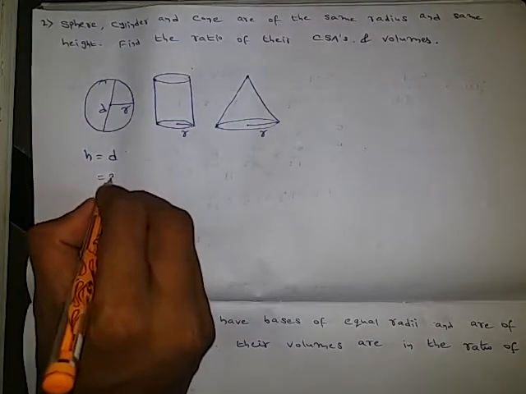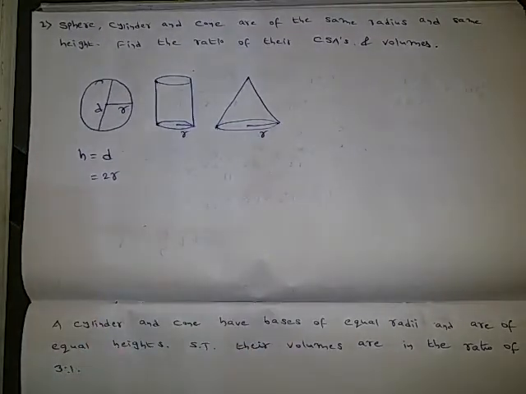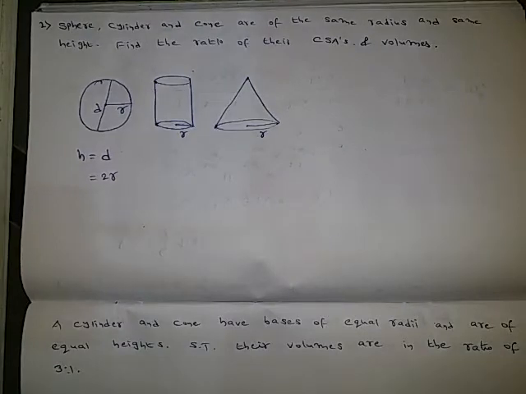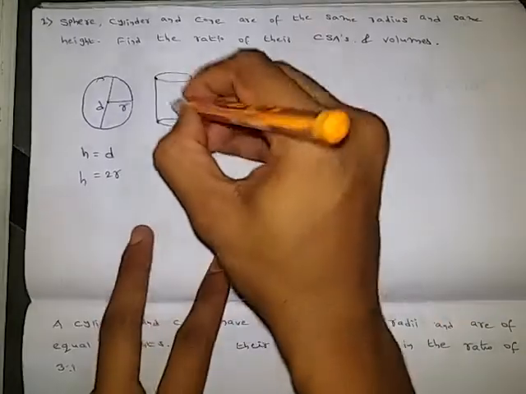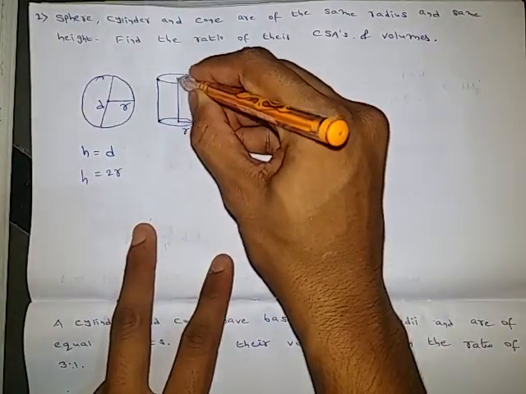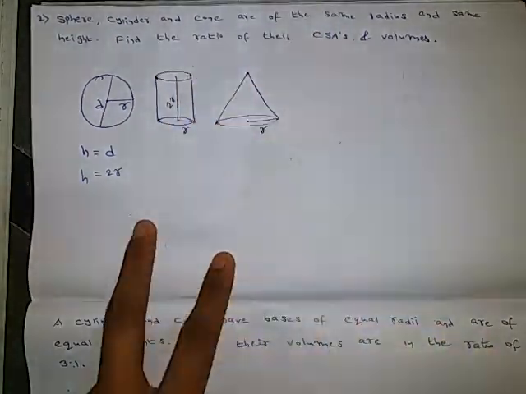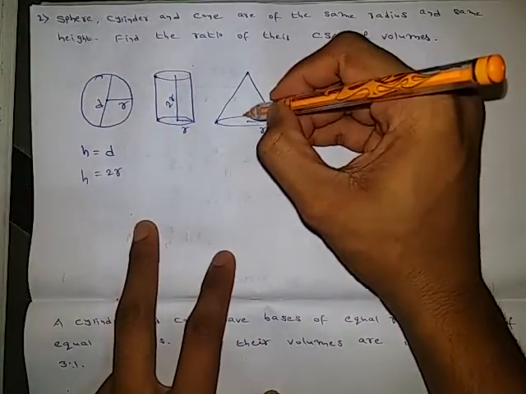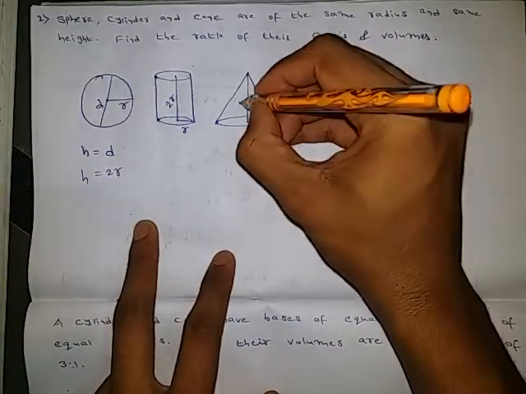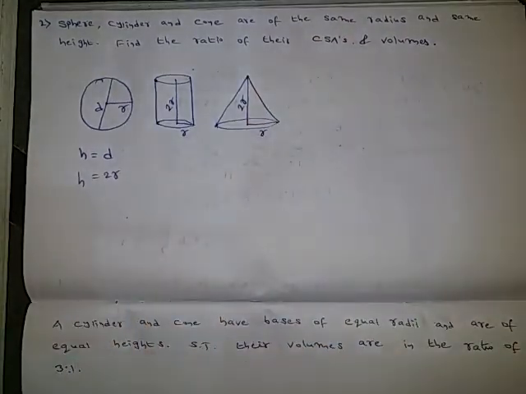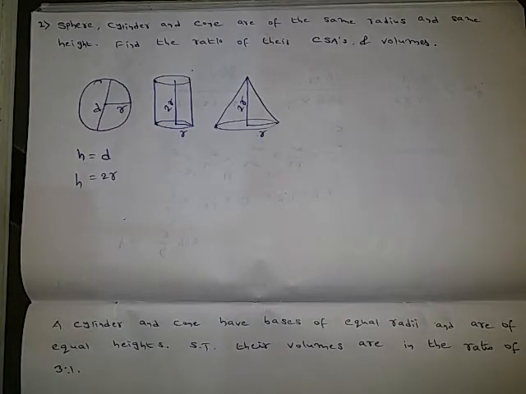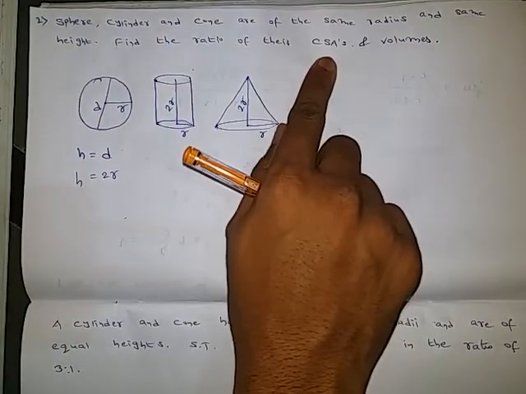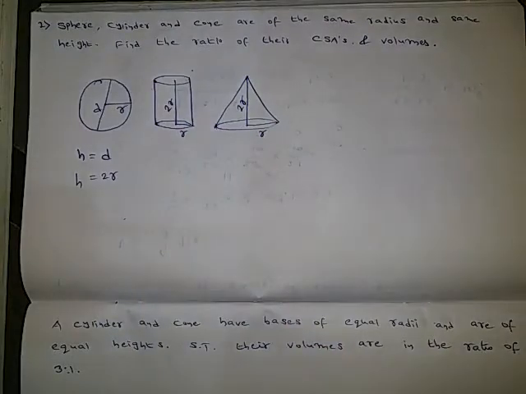Diameter is double the radius, that is 2r. So height of the sphere is 2r. Then if the sphere height is 2r, the cylinder height is also 2r only, as well as the conical shape height also 2r only, because he clearly mentioned that all the 3 figures have the same height as well as the same radius, everything is same. Then he is asking to find the ratio of their curved surface areas.